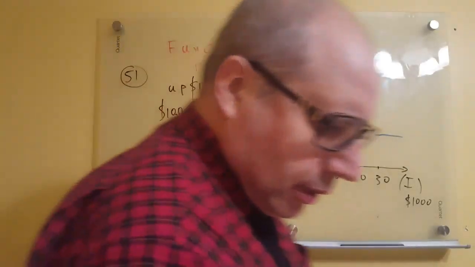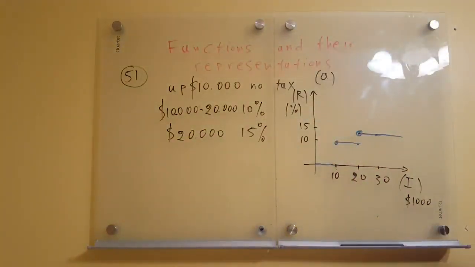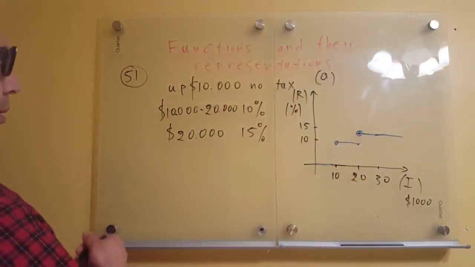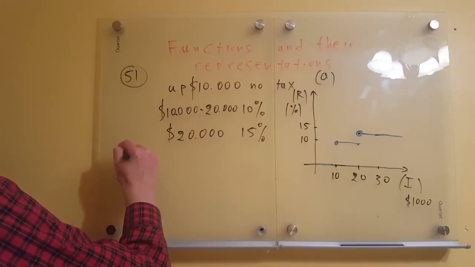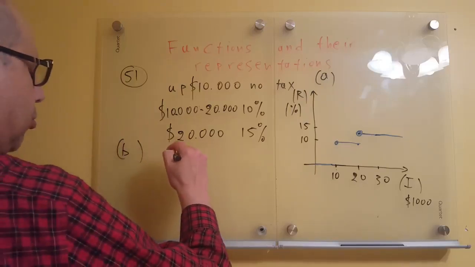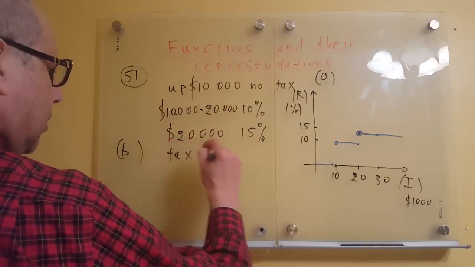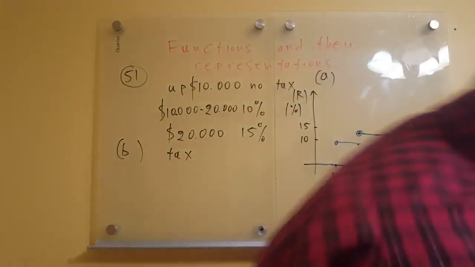Now part B asks how much tax is assessed on an income of 14,000 and an income of 26,000. So for B, we find the tax when somebody has an income of 14,000.